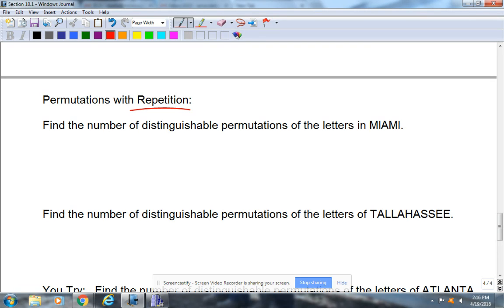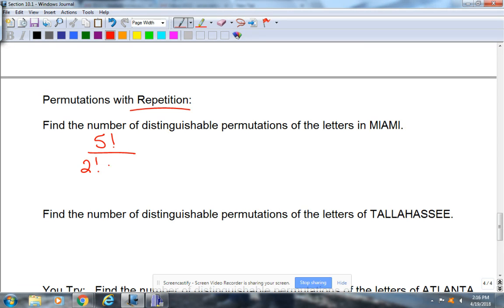First, you say how many total letters there are. 1, 2, 3, 4, 5. So that's 5. You're going to say 5 factorial, divided by what letters are repeated? M and I. How many M's do you have? 2.